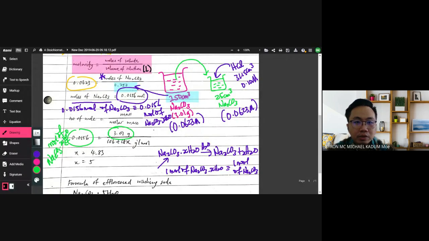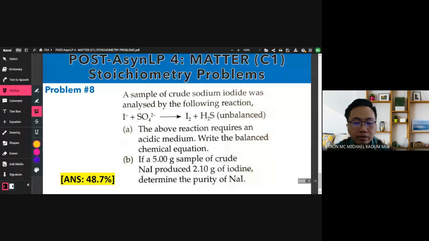Now, kita teruskan dengan, sebelum saya teruskan, saya tengok dulu soalan nombor 8 ni. Okay, so when you look at question problem number 8, a sample of crude sodium iodide was analyzed by the following reaction.